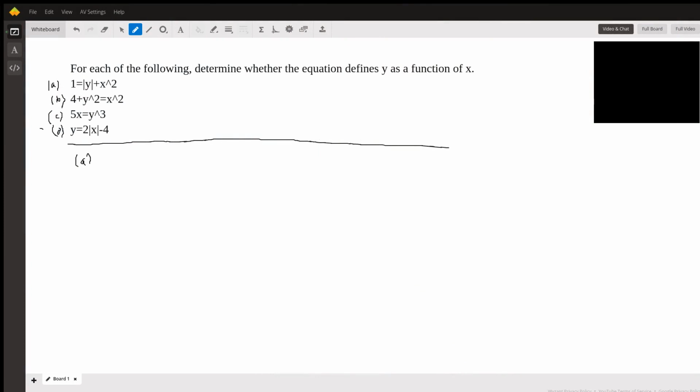I'm answering a question submitted by a student who's probably taking Algebra 2. They want to know whether any of these expressions define y as a function of x.